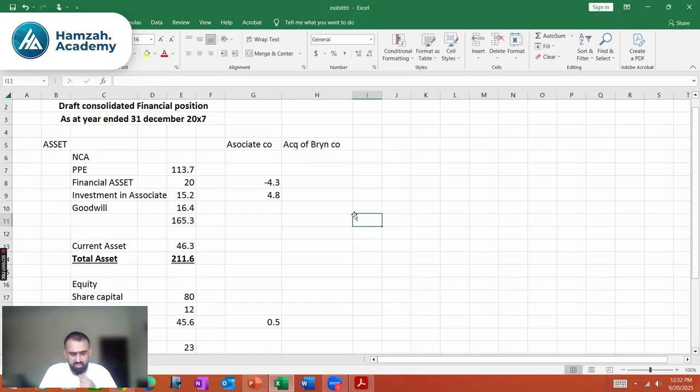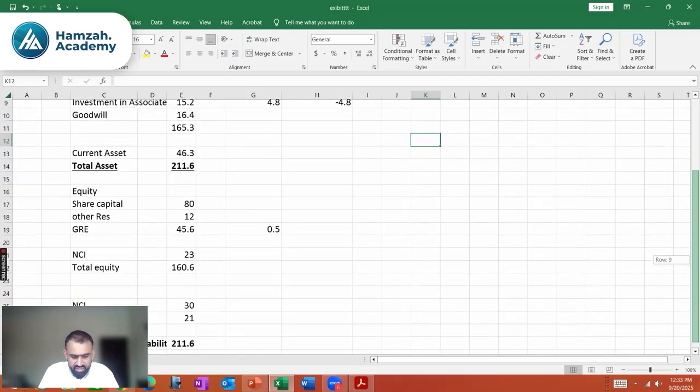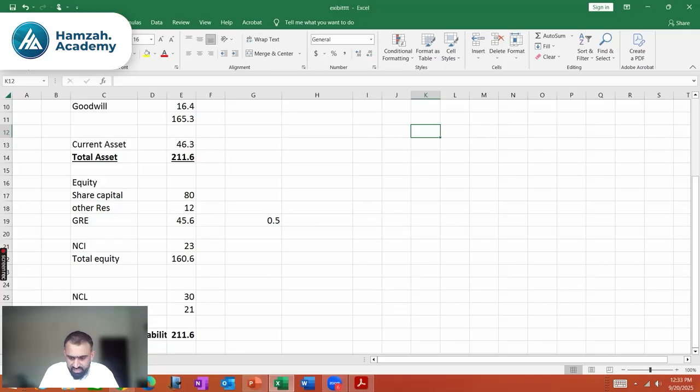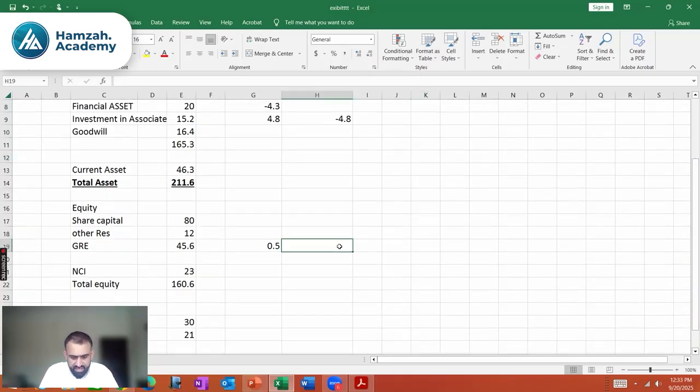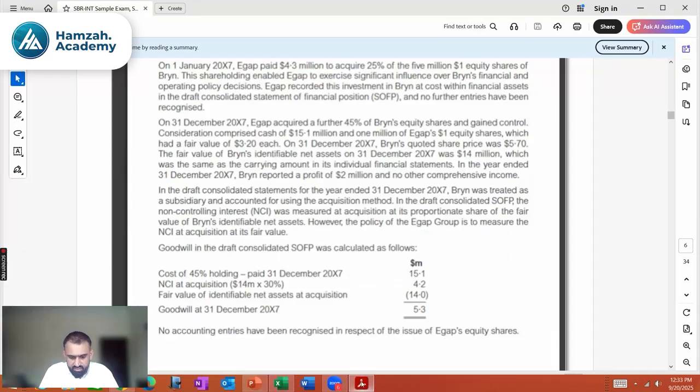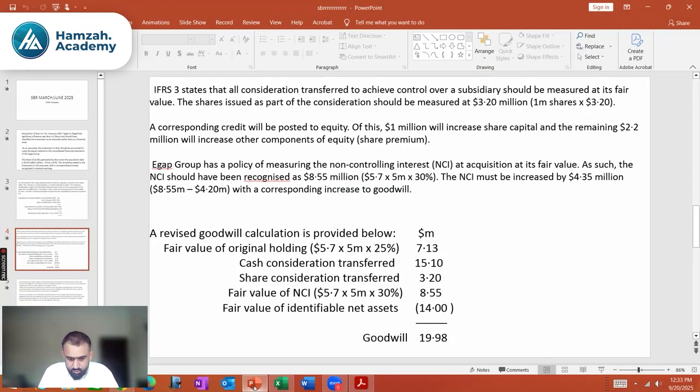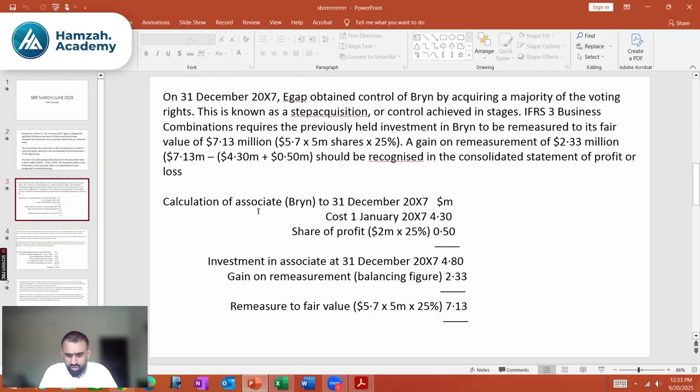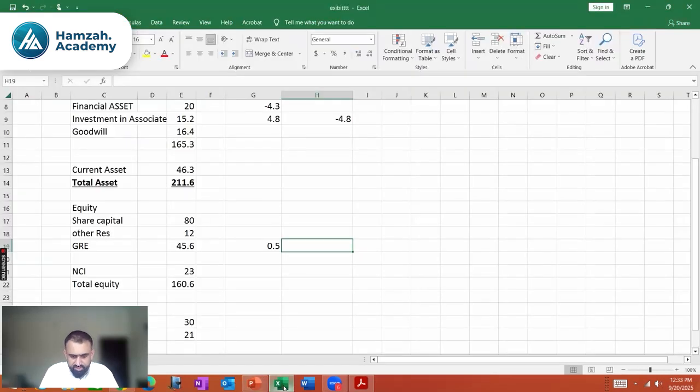When I acquire the Bryn company, obviously I will de-recognize the associate, and at fair value I will recognize it while calculating the goodwill, and as a result there will be a gain, and that gain will be recorded in group retained earnings, and that gain, if you remember, is 2.33 million. So 2.33 million again will be recognized. So the previous investment is taken at fair value.